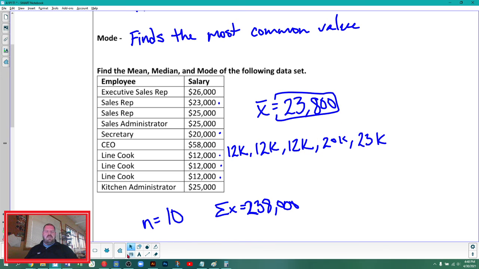Then 1, 2, 3 25,000s, and then a 26,000, and then a 58,000.